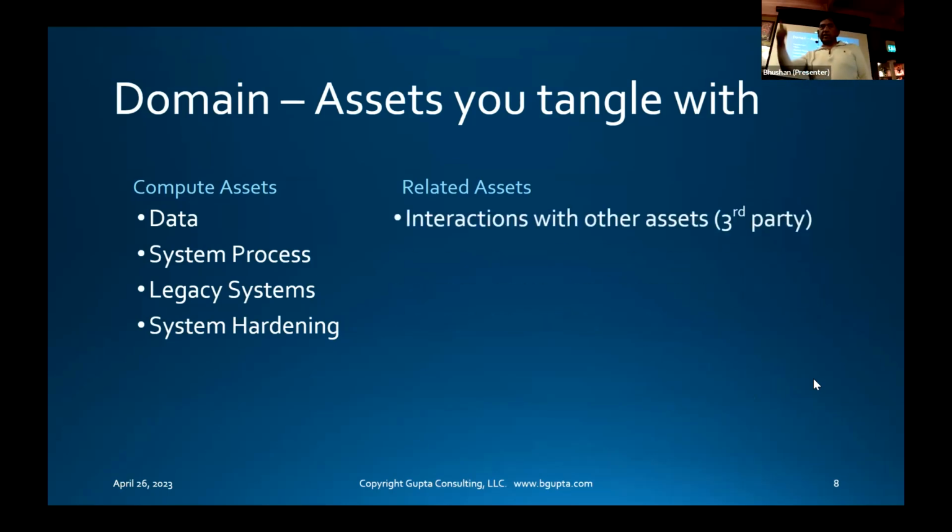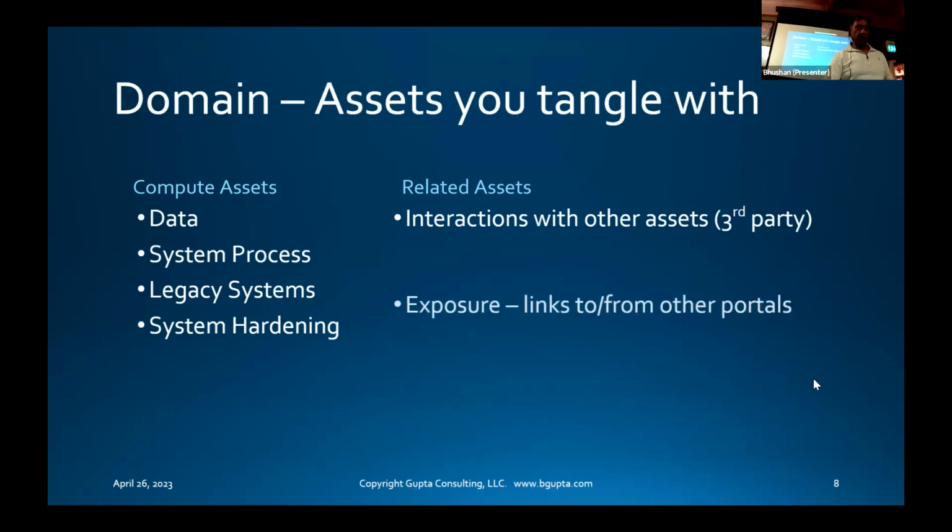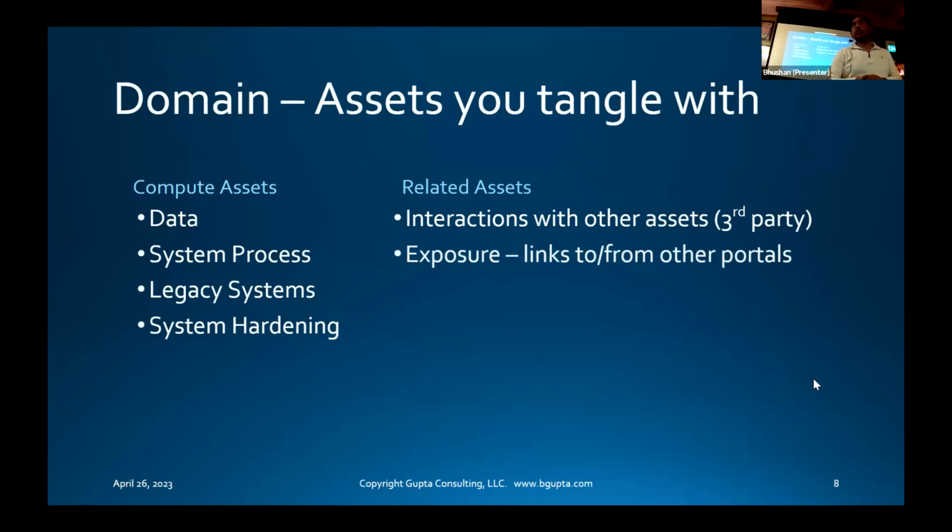But there are also related assets. Interaction with third-party assets. I don't know if you find a system today in your shop which doesn't deal with third-party software. So there are also those assets where somebody else is building a system for you and you're using it in conjunction with your system. Then we have exposure.